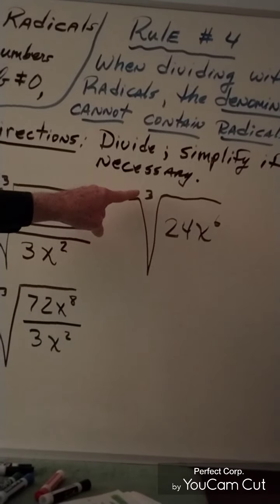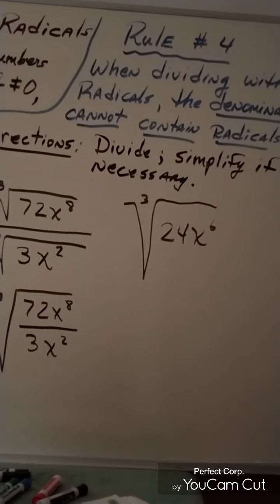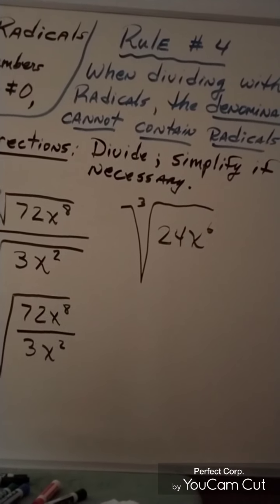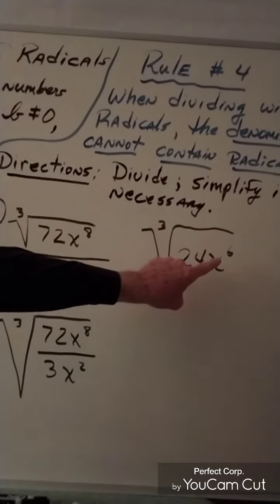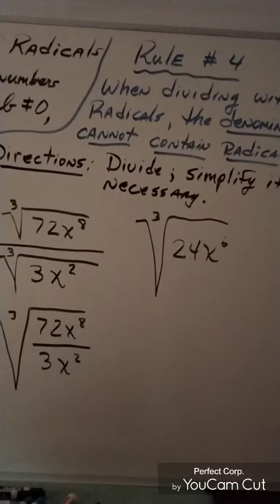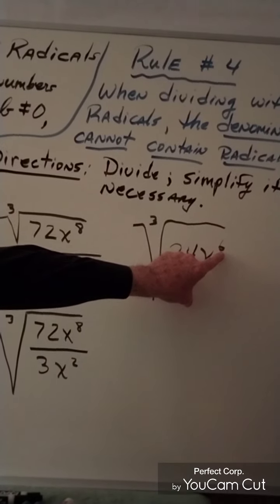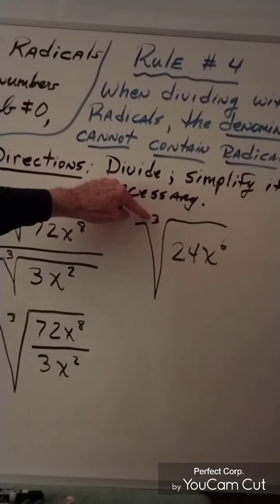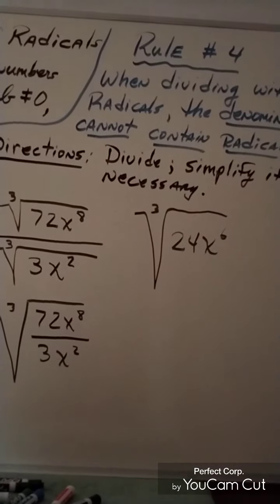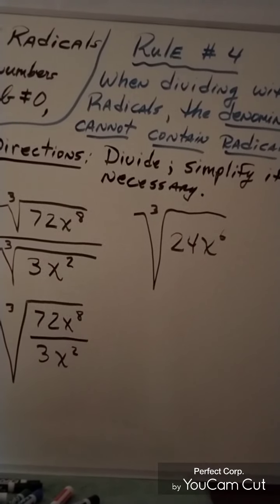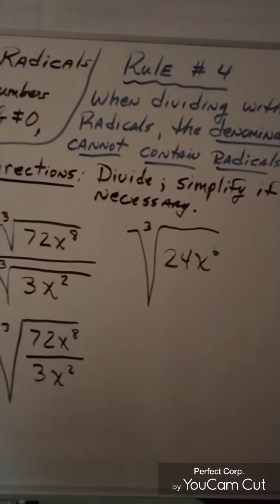Now we've got it down to the cubed root of 24x to the 6th. And we want to simplify that if it's able to be simplified. Well, very definitely x to the 6th is already a perfect cube, because its exponent 6 is evenly divisible by the index of 3. 24 is not a perfect cube, but possibly within 24 there is one.